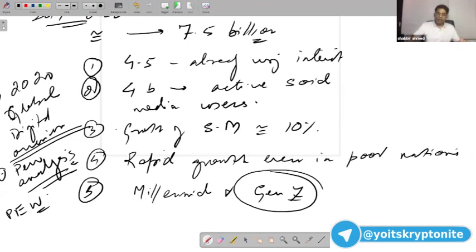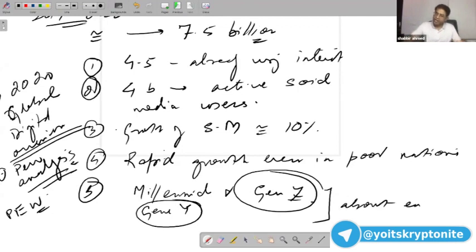They also add that the millennials and Generation Z are almost entirely dependent on online based interactions. I hope you know who Generation Z are. Generation Z is from the 1990s onwards.